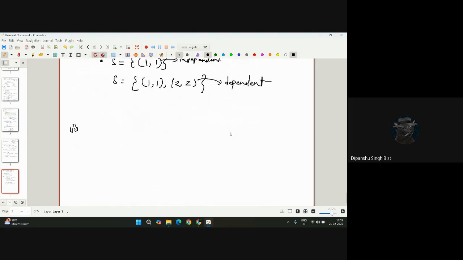Minimally spanning set. First we need to know what a spanning set is. A spanning set is a set that can span the entire space that we are talking about.